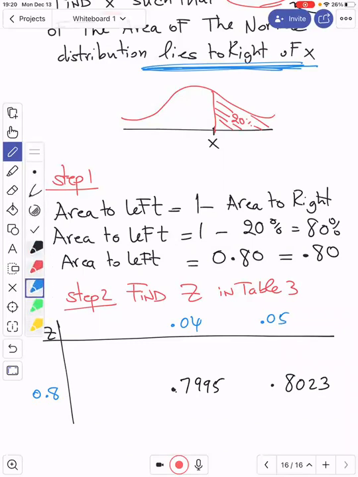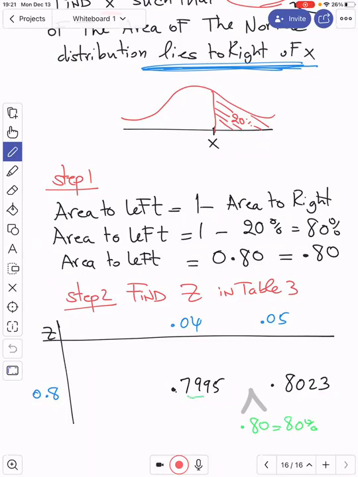So as you can see, 0.8 or 80% is between these two numbers, right? Of course, which one is going to be closer to this 0.80?